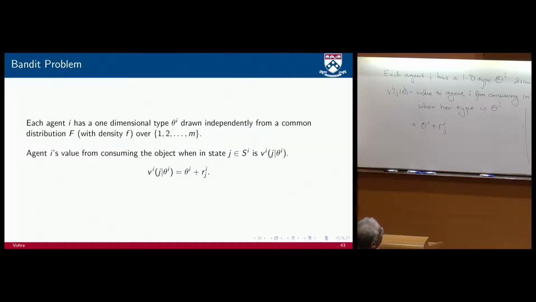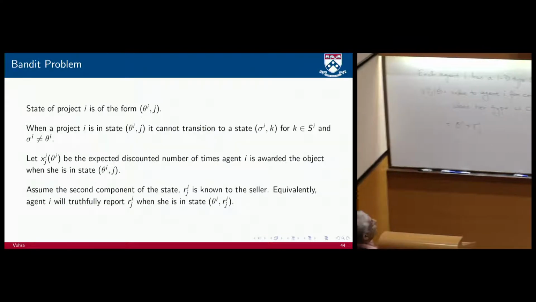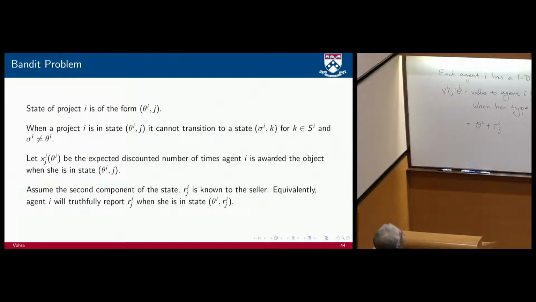So that's the value to Mr. I when they're in state J and their private type is theta I, and I've written it this way. Okay, let's go down now. So just remember, you cannot lie about which state you're in. You can lie about your private information. Right.